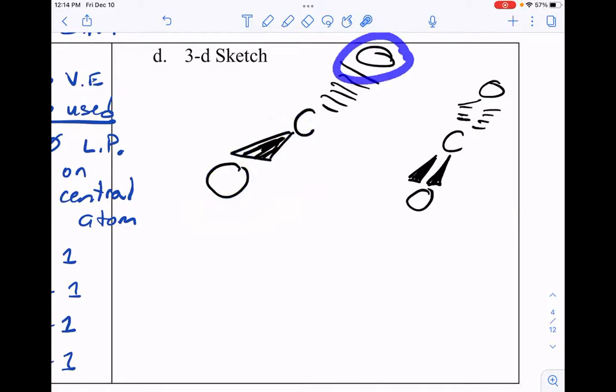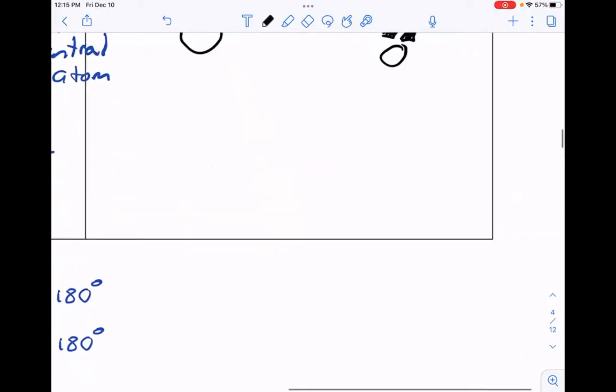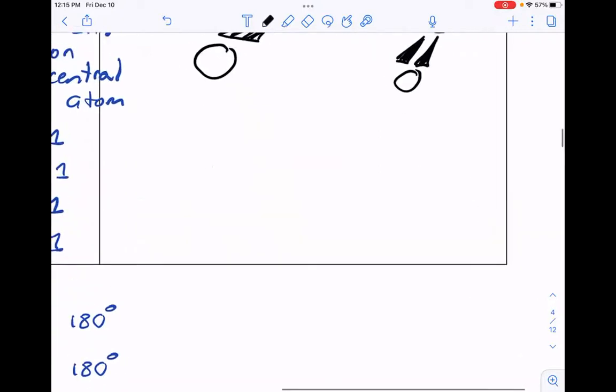Same idea applies to the oxygen that's going behind carbon. But if you do want to be a little specific, there's nothing stopping you from doing 2 bolds and 2 dashes. Same thing with triple bonds. Now, if your perspective is just the flat version of CO2, then it's just 2 normal lines.